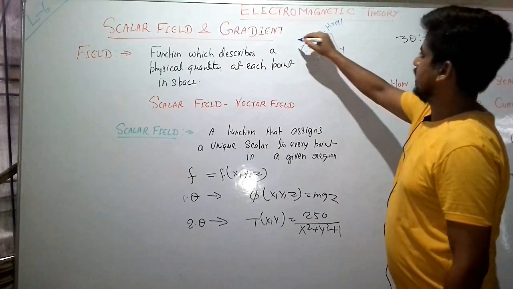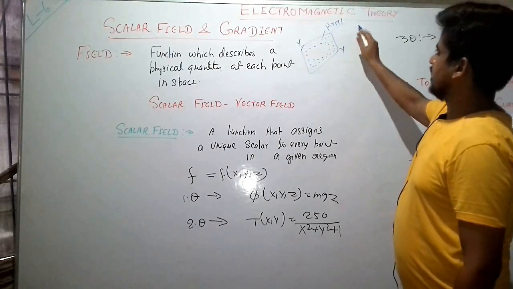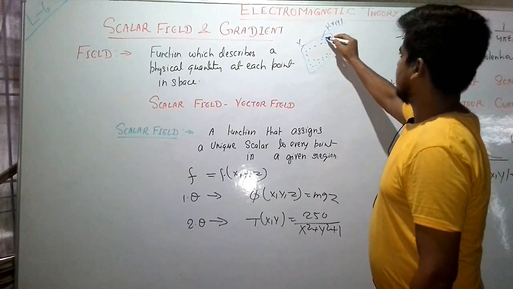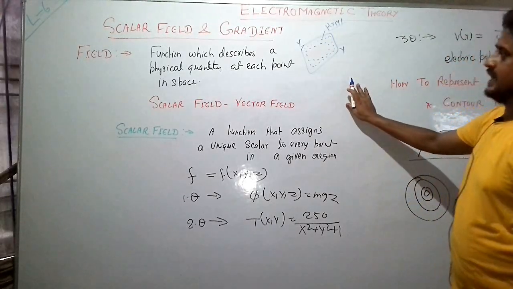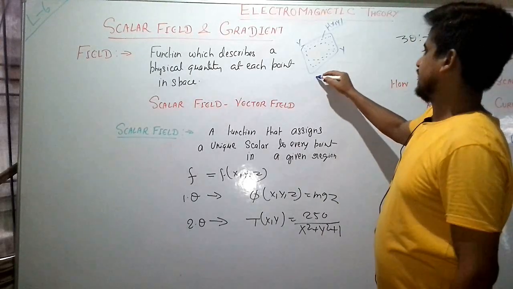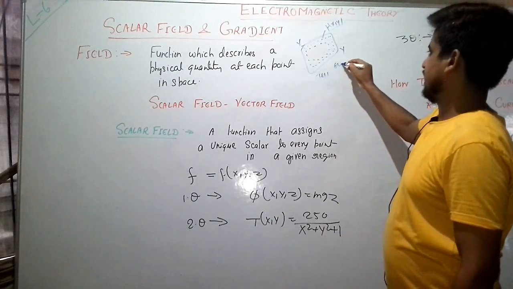Suppose this is y and x, and this f(x, y) describes a physical quantity at each point in space, and that physical quantity can be anything. It can be temperature, it can be energy.